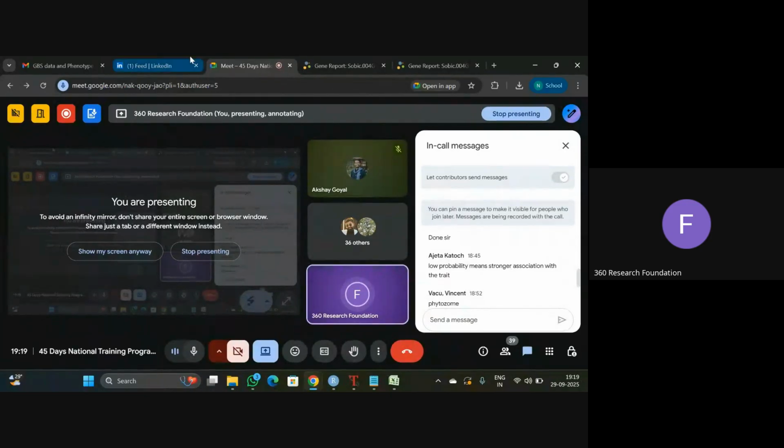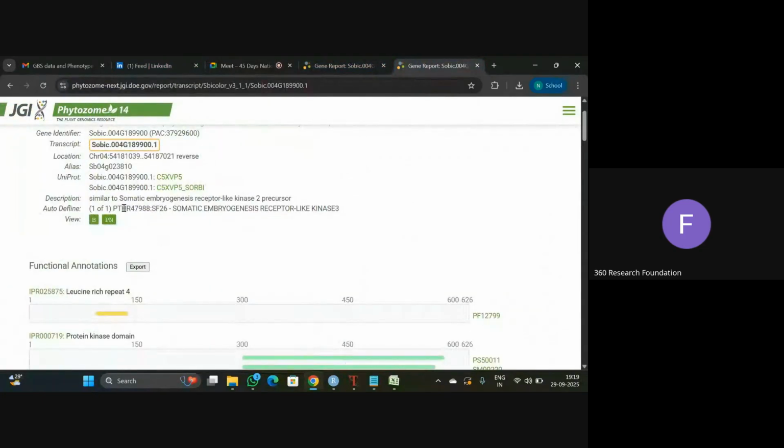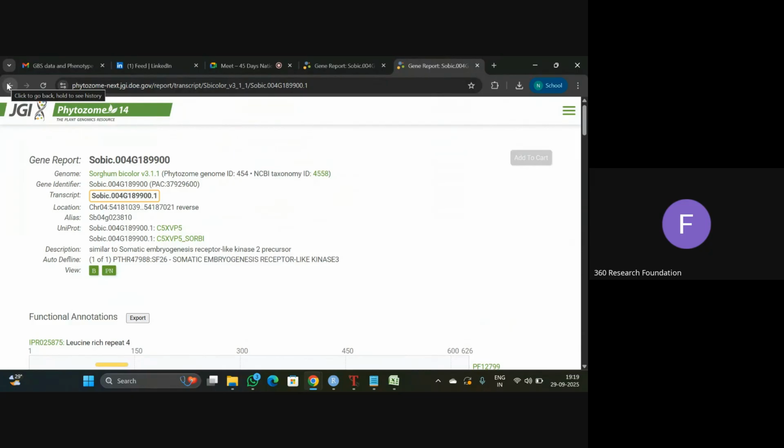If you see the different genome assemblies, from 1.1 to 5.1, in 1.1 some sequences are there but with many gaps. Because of those gaps, you will find different results. In 2.1, maybe 50% of gaps were covered. In 3.1, some gaps were covered, but gaps are still there. But now this 5.1 is from one telomere to the other, that is, T to T sequence. What is meant by telomere?